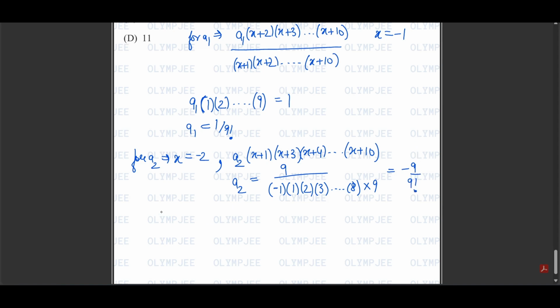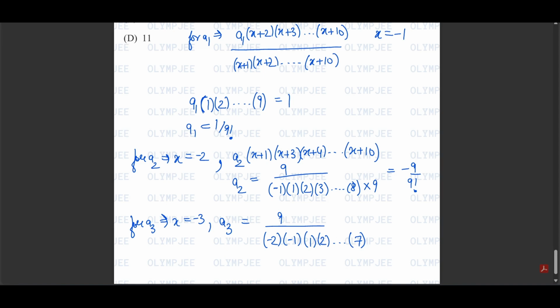Similarly, for a3, if I put x is equal to minus 3, then we will get a3 is equal to 9 by, so we will have x plus 1. So on putting minus 3 in x plus 1, we will get minus 2, then minus 1. Then x plus 3 won't be here, x plus 4 will give us 1, 2, and so on till x plus 10, which will give us 7.